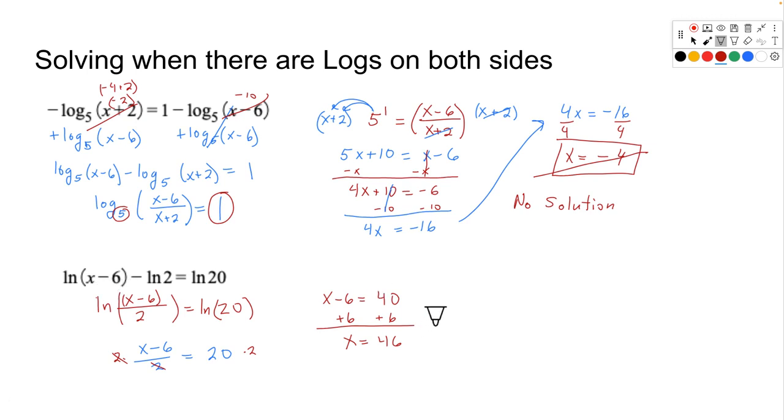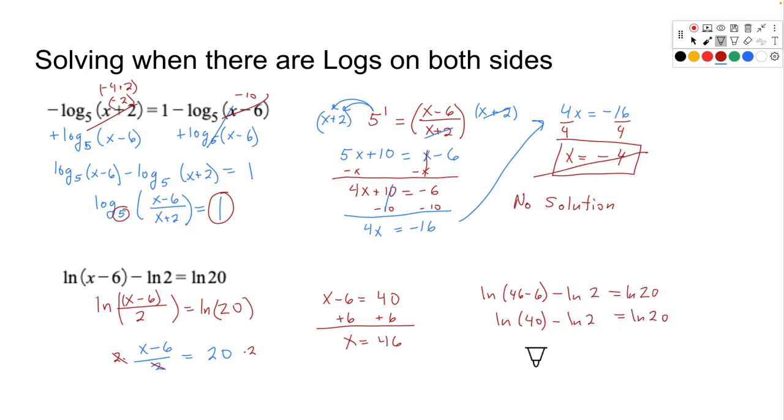And we could even go ahead and do a check. So natural log of 46 minus 6 minus the natural log of 2 equals the natural log of 20. 46 minus 6, that's going to give us the natural log of 40 minus the natural log of 2 equals the natural log of 20.